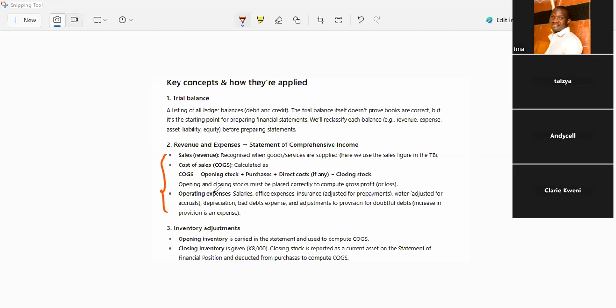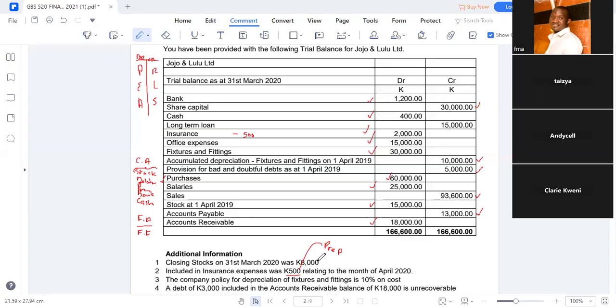So we have closing stock. Where does closing stock go? It will go to the cost of sales and also on the current assets, the other leg.